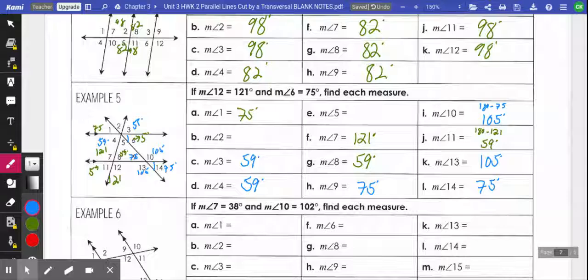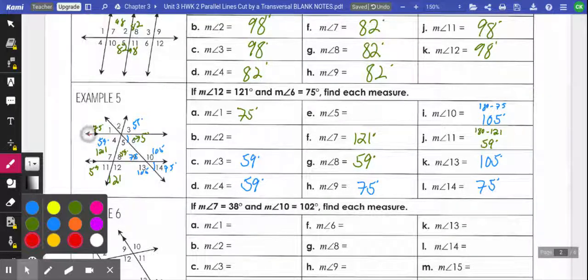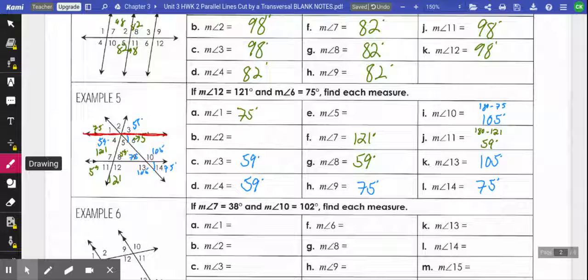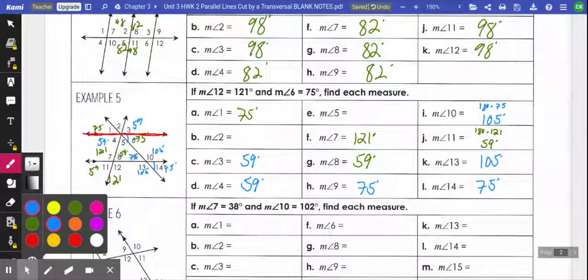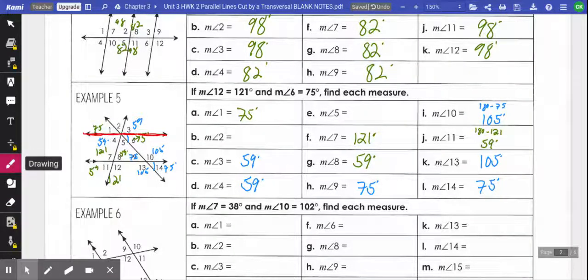Well, I can figure out what angle 2 is by realizing that I have a straight line here. We know straight lines add up to 180, and there's 3 angles that make up that straight line. So I would have 180 minus the 75 and 59 added together.